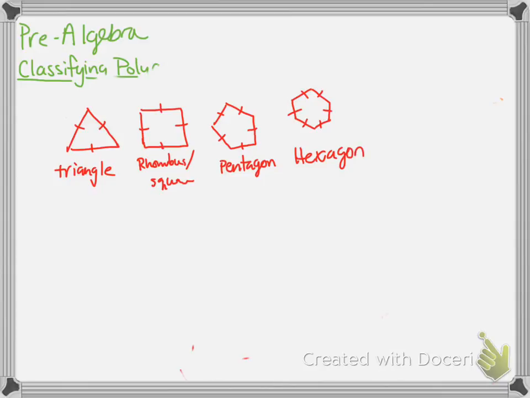The other thing that's important about regular polygons is that all of their angle measurements are exactly the same. So all of the angle measurements on a triangle are the same. On a rhombus or a square, they are all the same. On a pentagon, they are all the same.